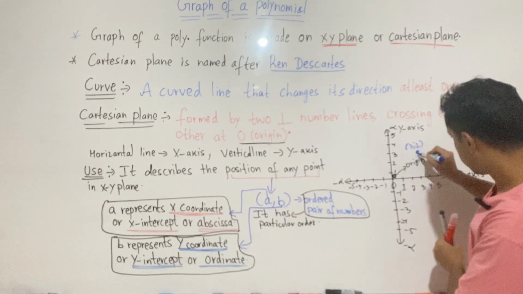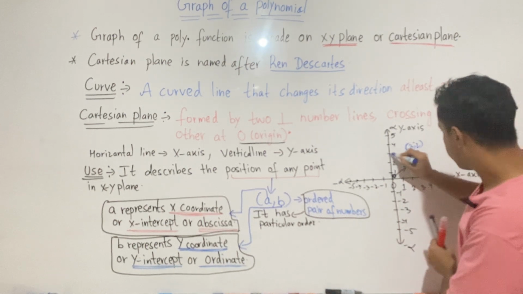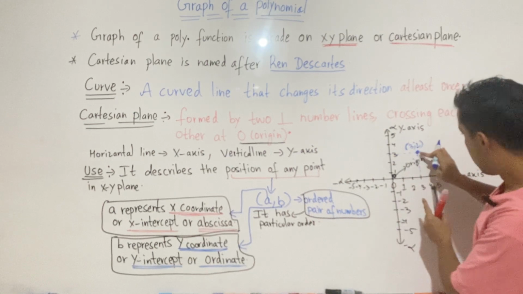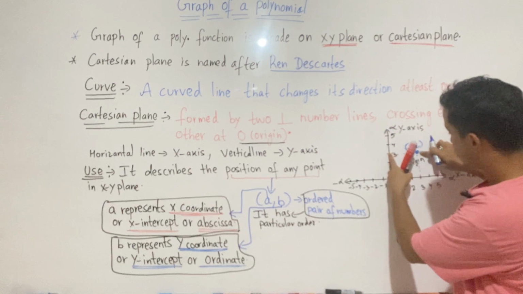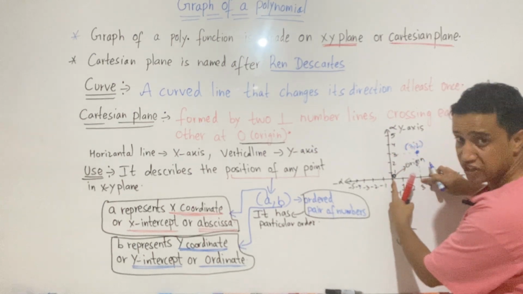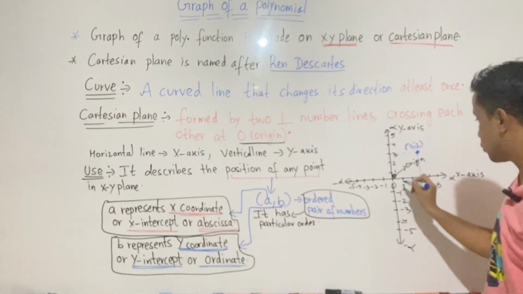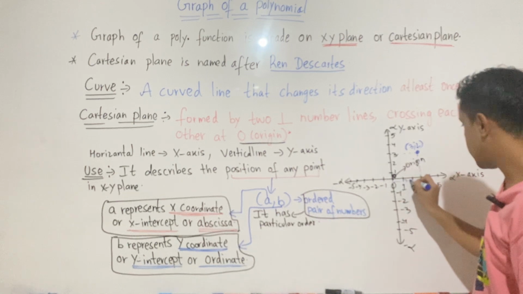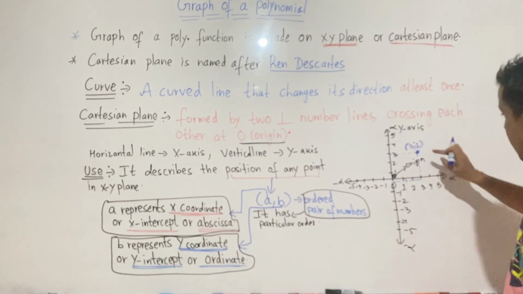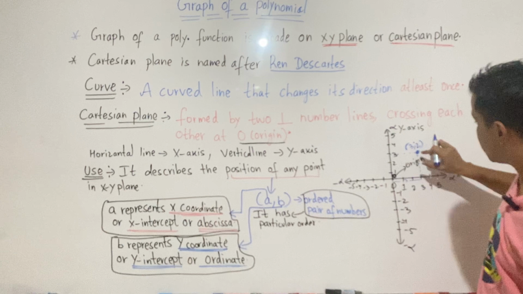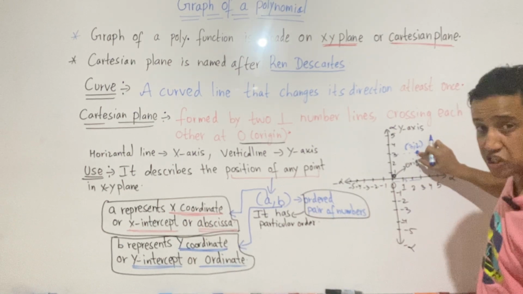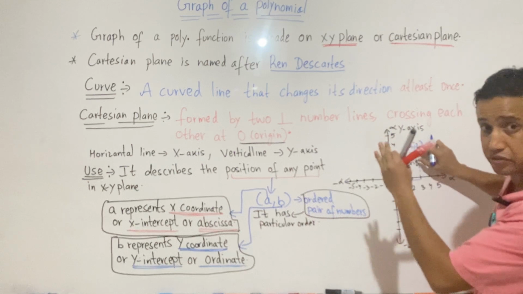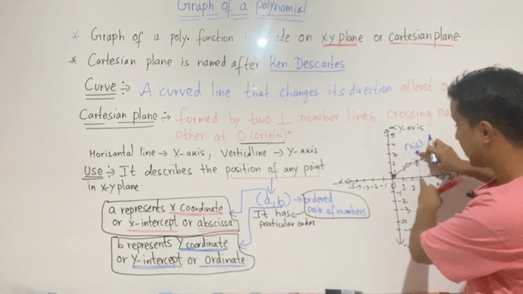Why? Because the distance of this point from the center is the same as this, which is 3 units. And 2 represents the distance of this point in the vertical direction from the center.